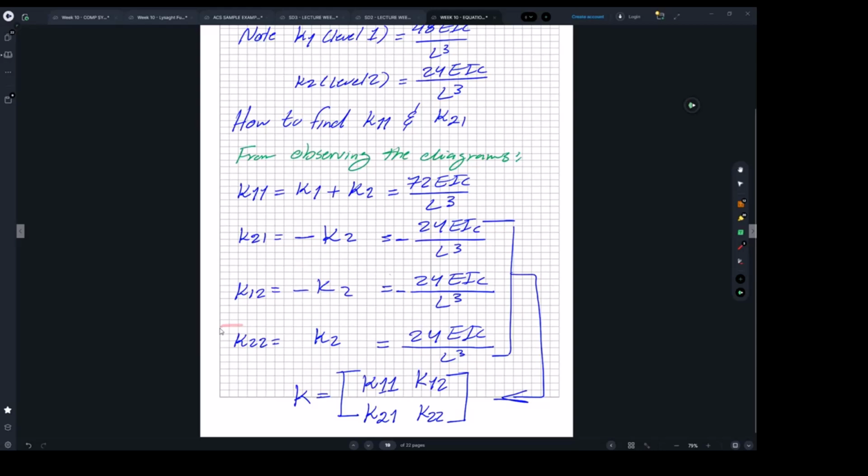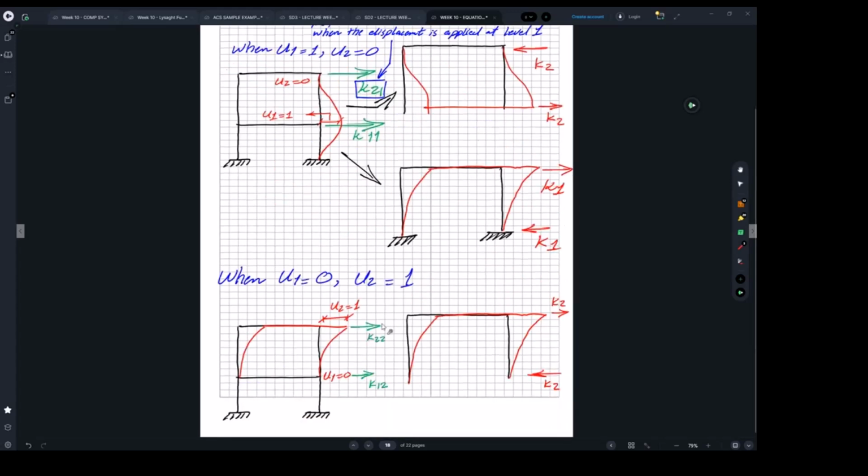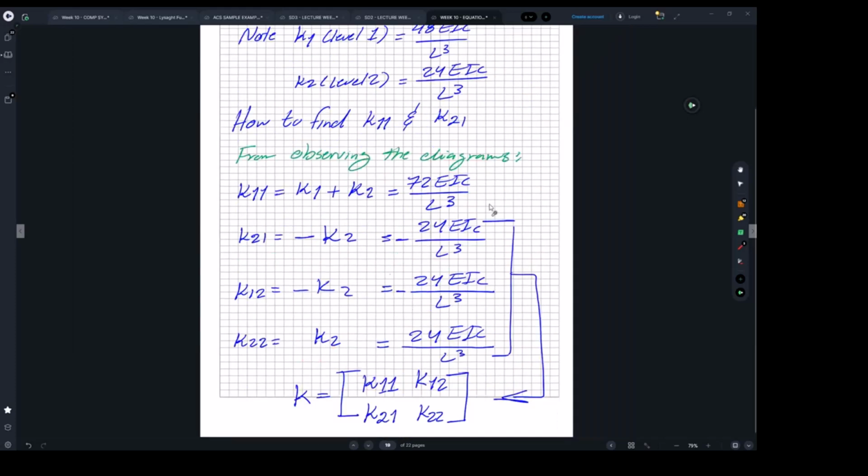Then go to the last matrix point, which is K22. Go back to your diagram you established, K22. It's represented by positive K2, and that's what we have here. So you just put them all together, and then you can place them in your matrix, K11, K21, K12, K22.